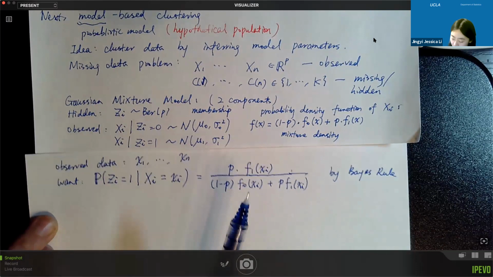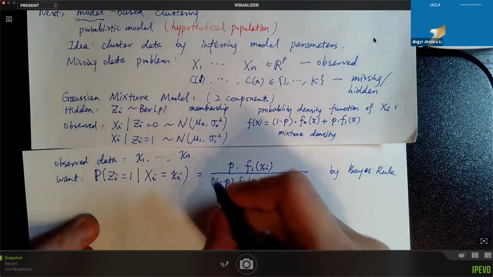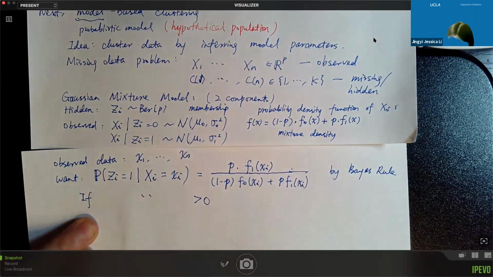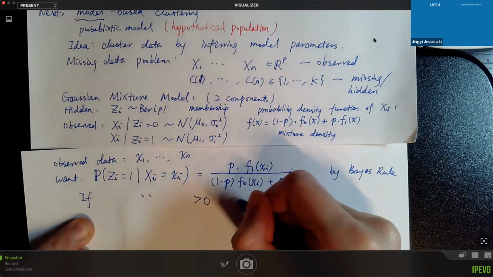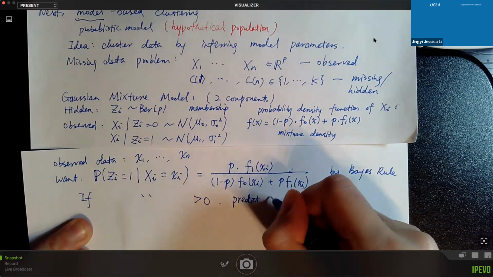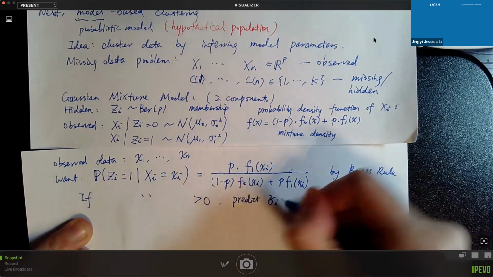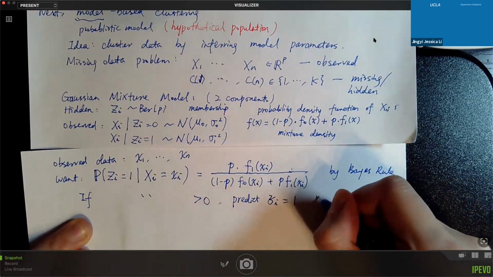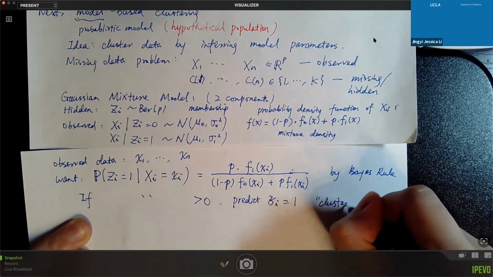So often what we do is that if this is greater than 0.5, we would predict zi, so our data point, to have zi equals 1, which means that we put it in cluster 1.